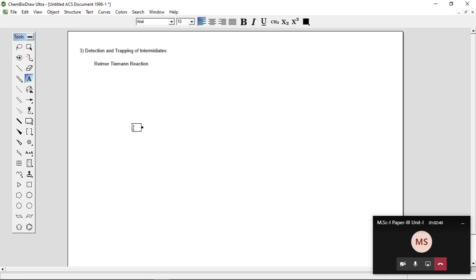So let's take an example of the Reimer-Tiemann reaction. Phenol reacts with CHCl3 in presence of KOH. We are going to find out which intermediates are formed during this reaction.